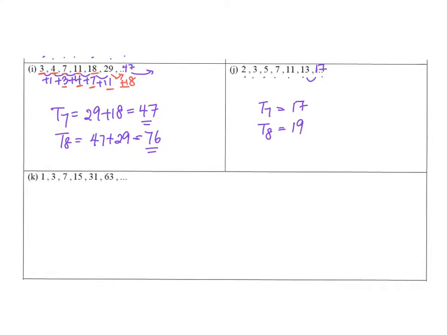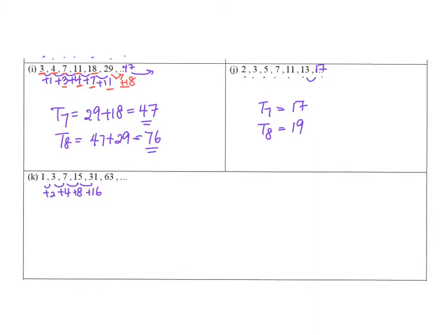Okay, now let's take a look at K. 1 to 3, it looks like it's a plus 2. 3 to 7 is a plus 4. 15 minus 7 is a plus 8. There's no 6. Okay, 15 and 31. 31 minus 15 gives me plus 16. 2, 4, 8, 8 times 2, 16.